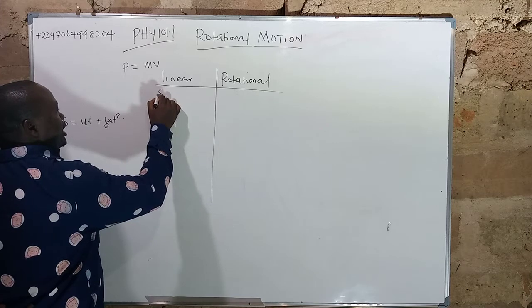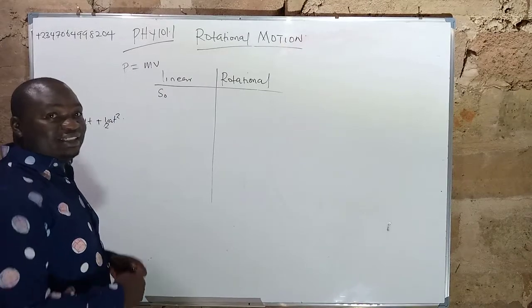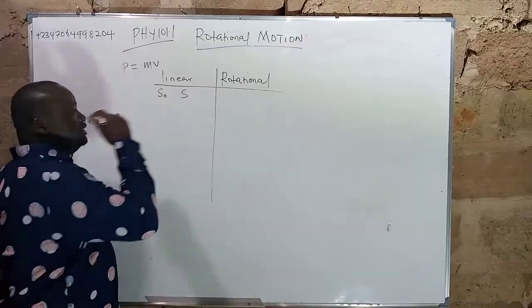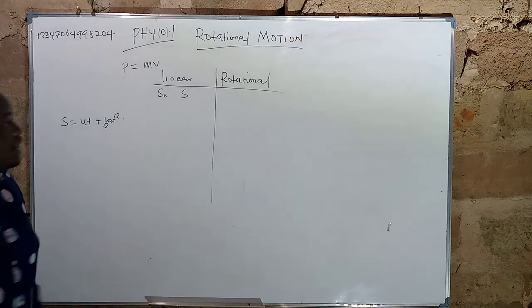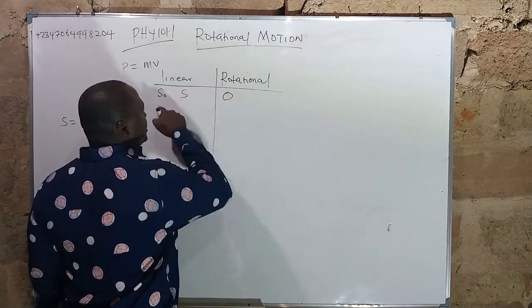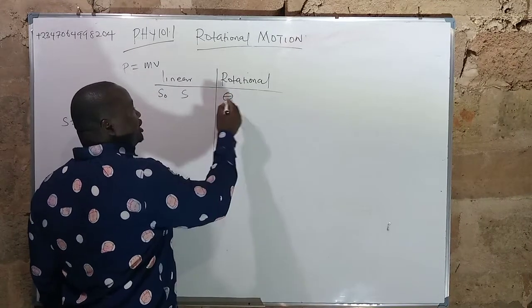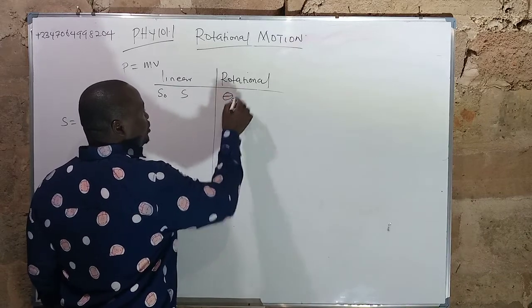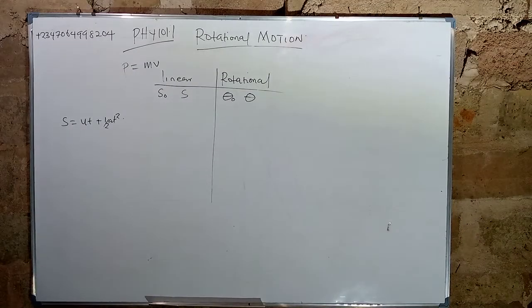So in linear motion, whenever I write x0, it means the initial distance, and if I write just x, it is the final distance. But under rotational motion, the distance is represented by theta. So this is the initial distance under rotational, and this one is the final distance.